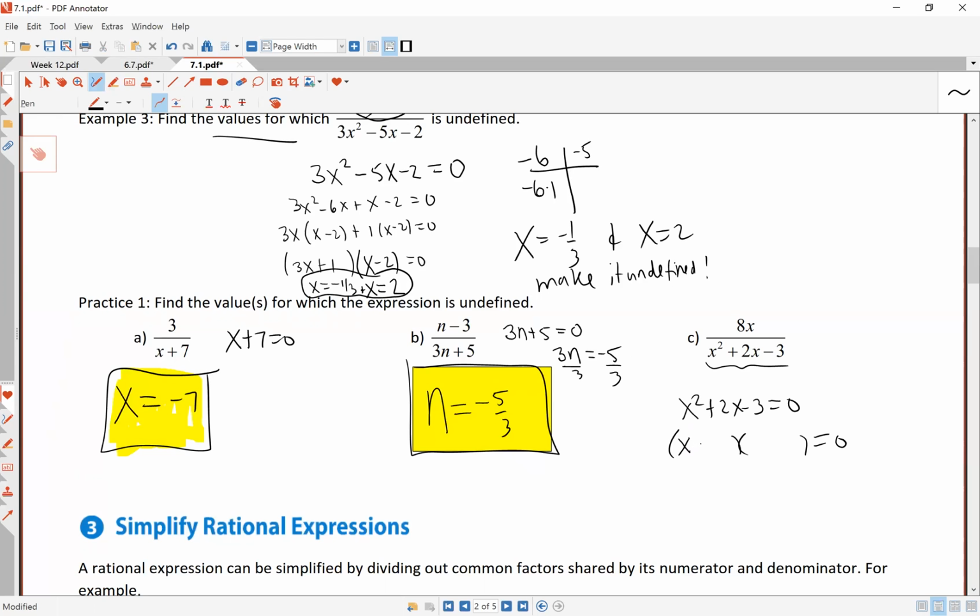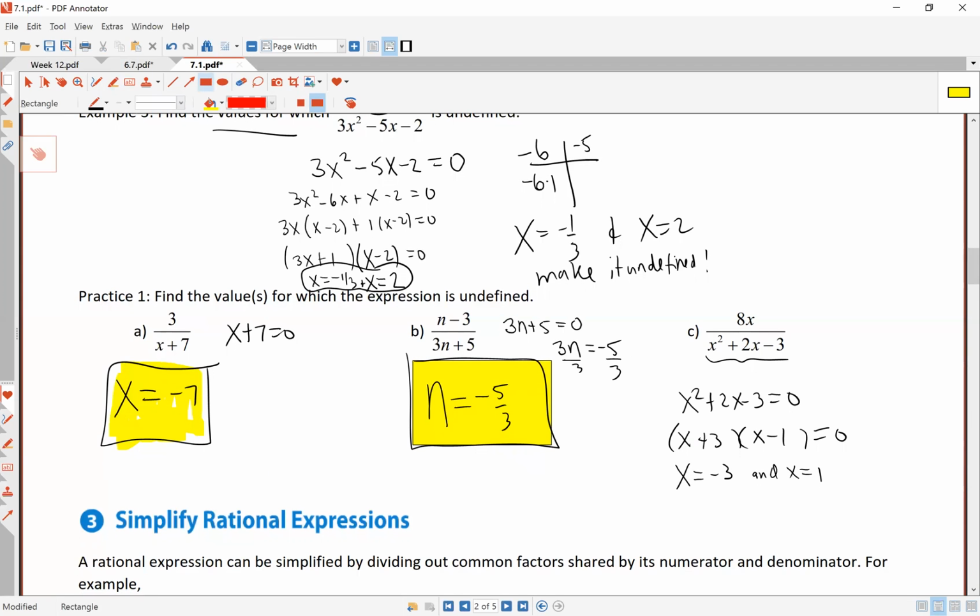That's because you have x minus 3 and x plus 1 for your factors. No, we don't. We have x plus 3 and x minus 1 for our factors. So we get negative 3 and x equal to 1 for the two values that make our expression undefined.